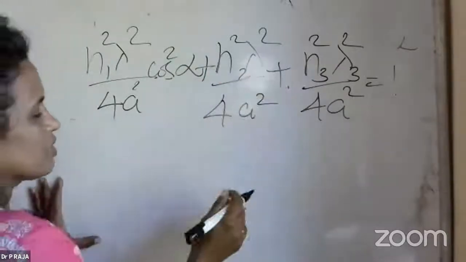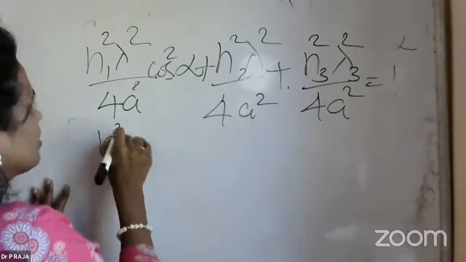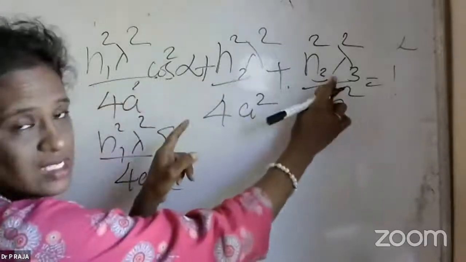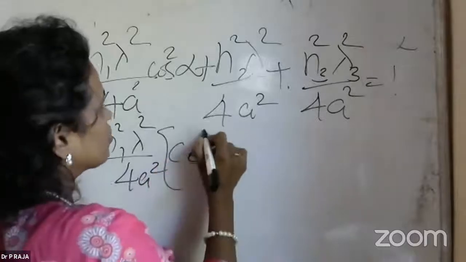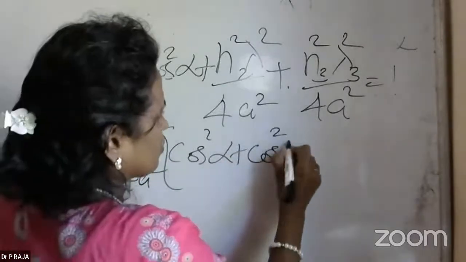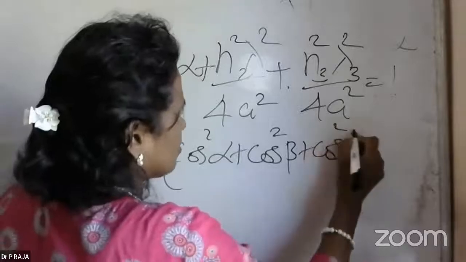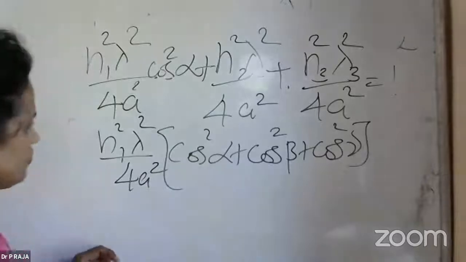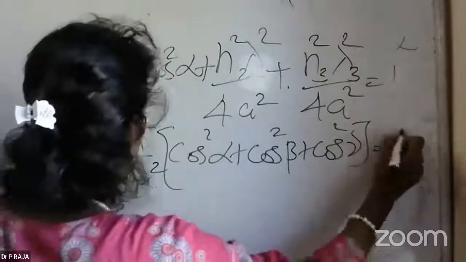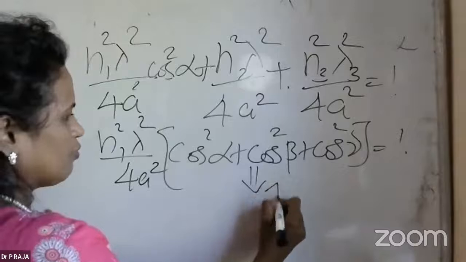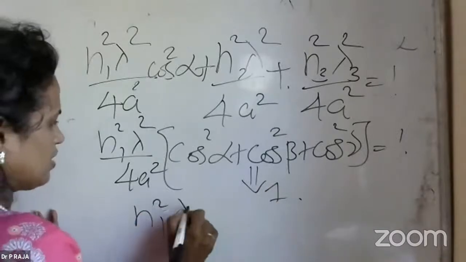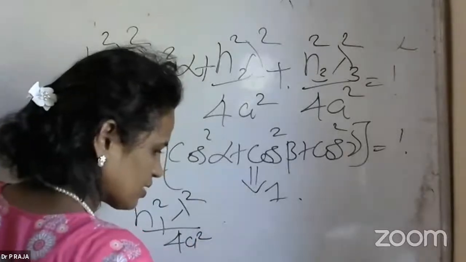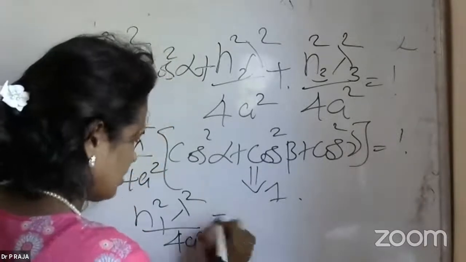Now take up all this. So lambda square by 4a square is common in all the cases, so I'm taking it out. So cos square alpha plus cos square beta plus cos square gamma will be equivalent to 1. So this will become 1. On the left hand side you have 1, isn't it?